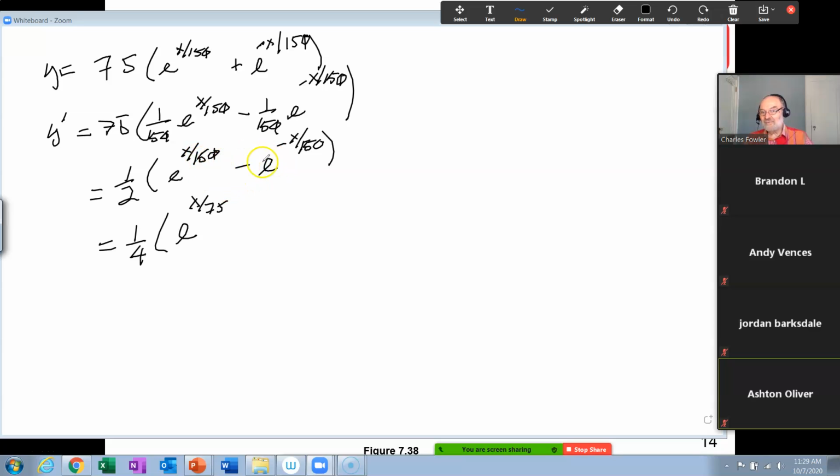Well, the product of the two of these is 1, because this is e to the x over 150 and that is e to the minus x over 150. Product is 1, twice that is 2, so it's going to be minus 2, plus, because you're squaring this one, e to the minus x over 75.